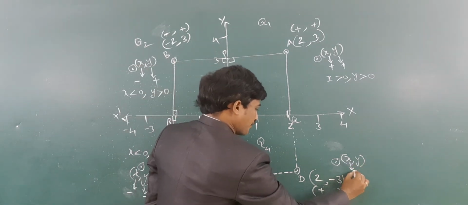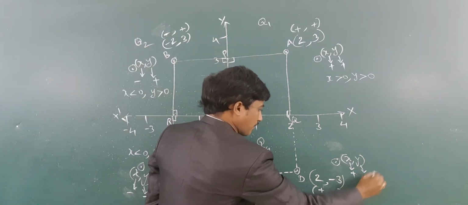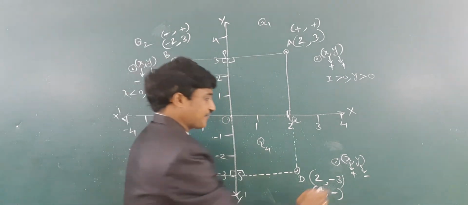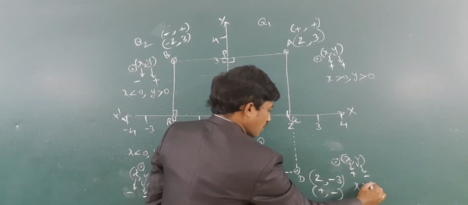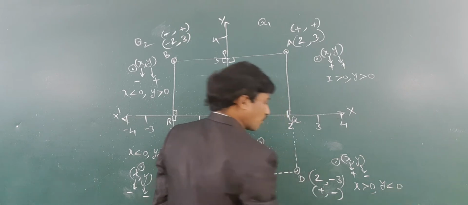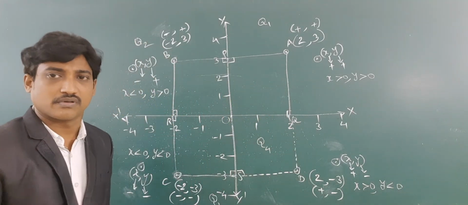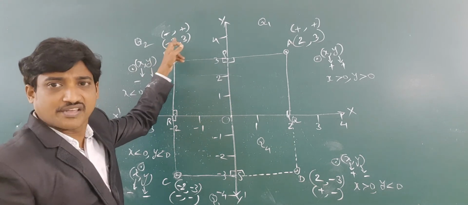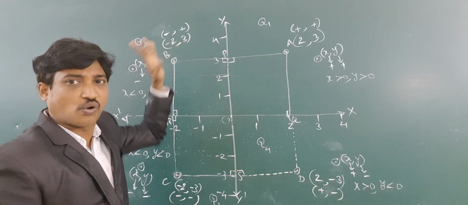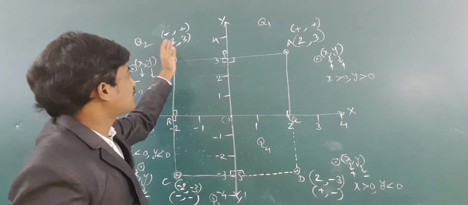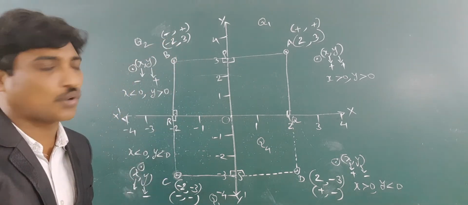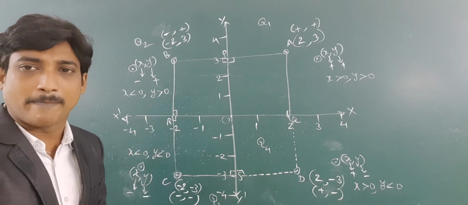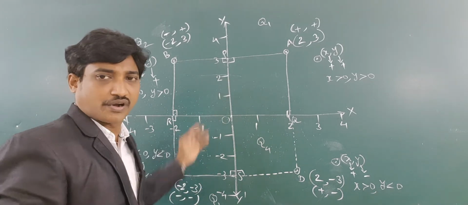X is a positive number, y is a negative number. That means x is greater than 0 and y is less than 0. So by observing the signs of the coordinates, we can come to know which quadrant the point belongs to.